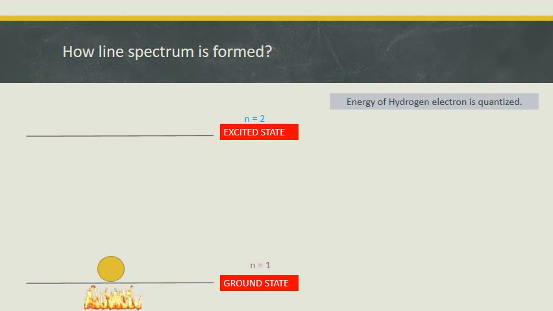Jadi nak bagi firework tu naik ke atas dan meletup, after you cocok dekat tanah you punya ground state tu, you kena nyalakan dia. So bila you nyalakan dia, it means you supply the energy. So once you supply the energy, barulah you punya firework tu, anggaplah firework tu adalah elektron, barulah firework tu akan zoom naik ke langit.